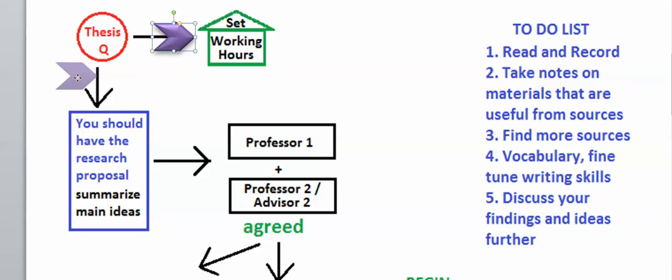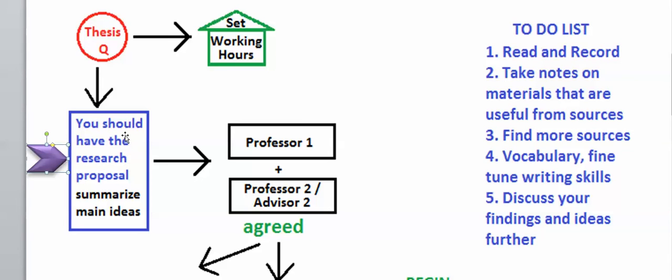Of course, then you move on to where you should already have some sort of research proposal. Once you have your thesis question and you are going to be searching for a professor and a second advisor, it's always good to also have a quick one-page summary of your ideas.